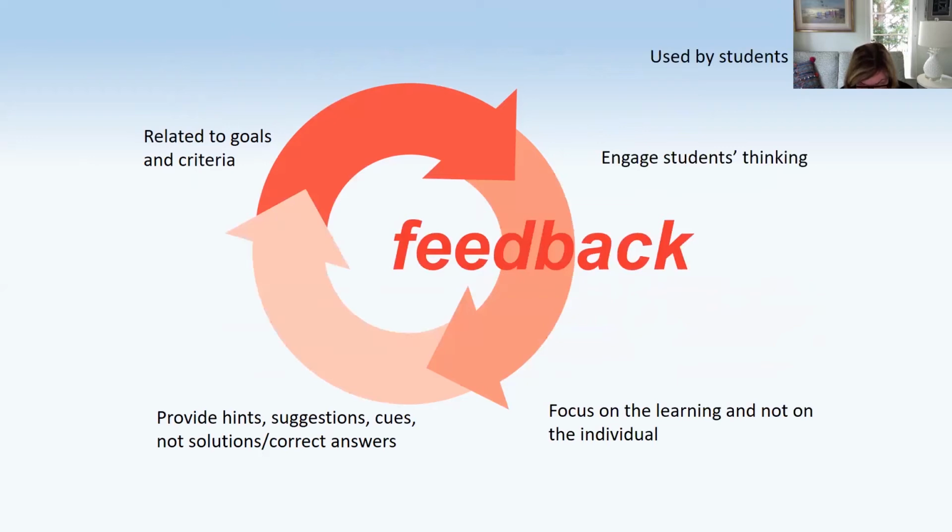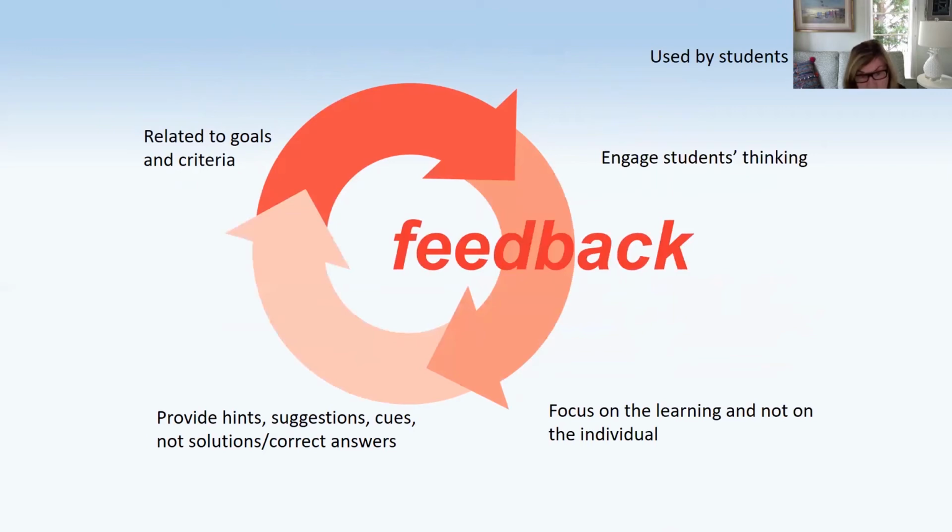And of course, the final thing is feedback must be used by students. If teachers are going to give opportunities for students to receive feedback from either themselves or their peers, it's really useless unless students have the opportunity to use it to improve their work.